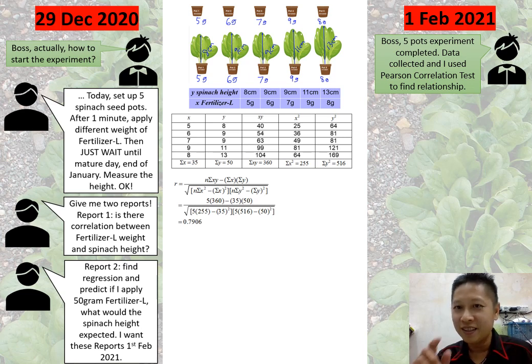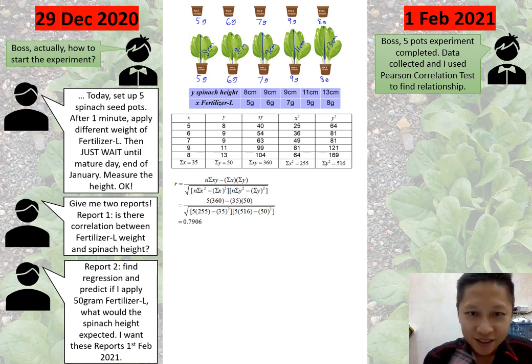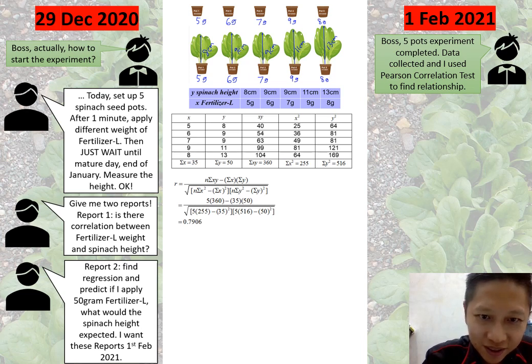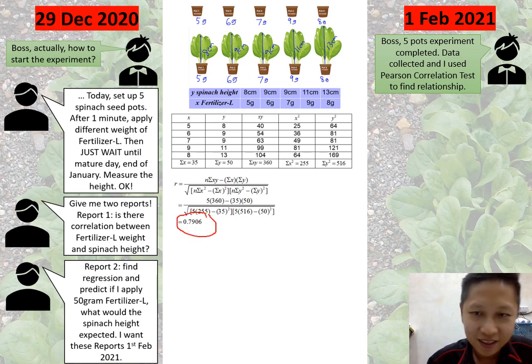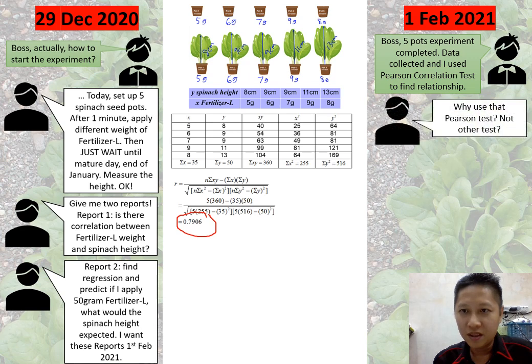And then this is the way I calculate the Pearson correlation test. At the end, I got the value 0.7906. Here, boss. Boss: Hey, why you use that so-called Pearson test? No other test you use.